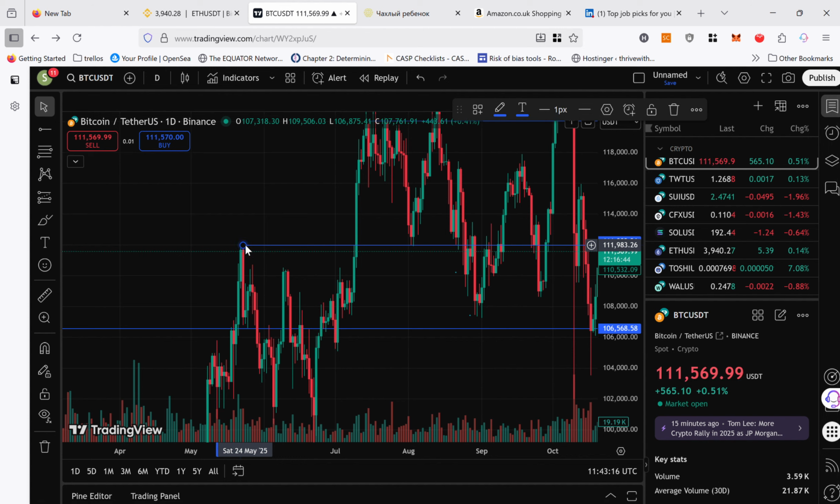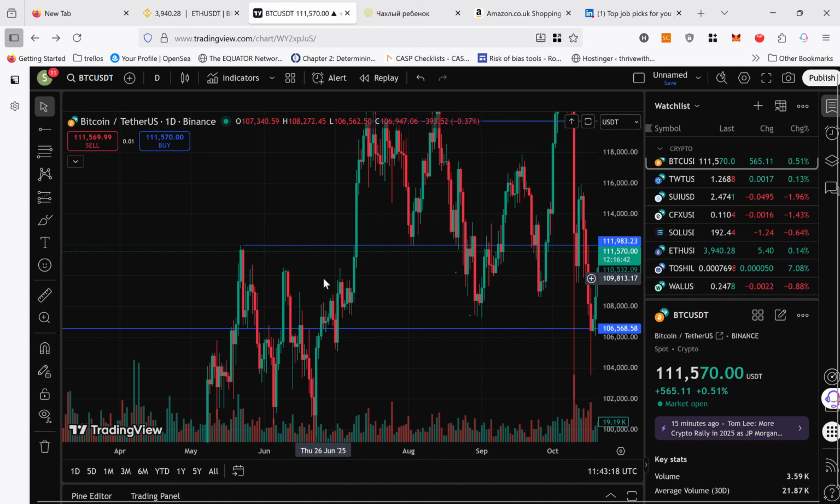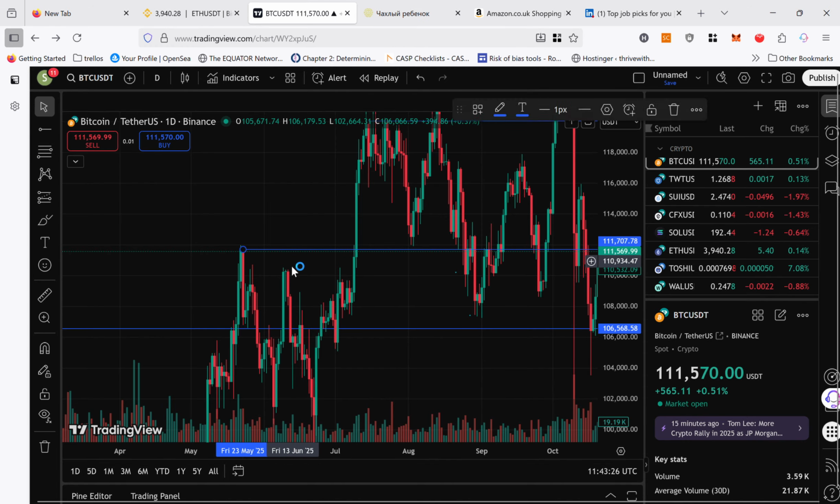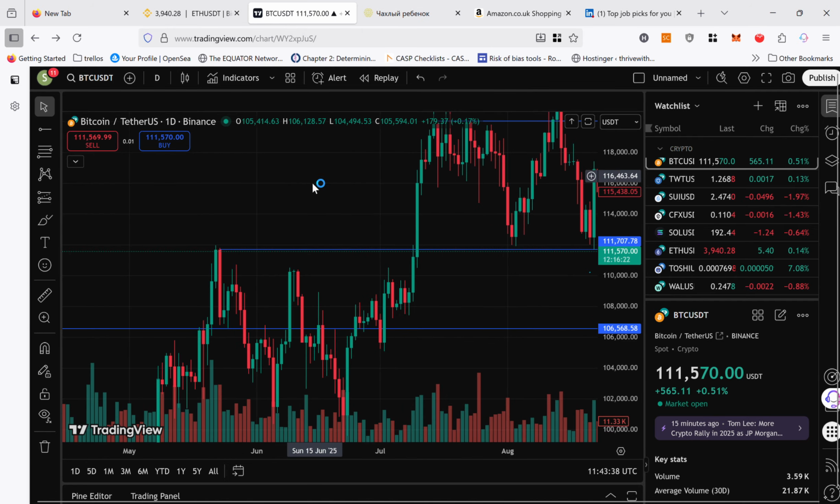I actually want to move it a little bit down here on this red one, a bit higher maybe on the wick. But anyway, this is about 111,900 or so, if you're very accurate with it, which by the looks of it I am not.